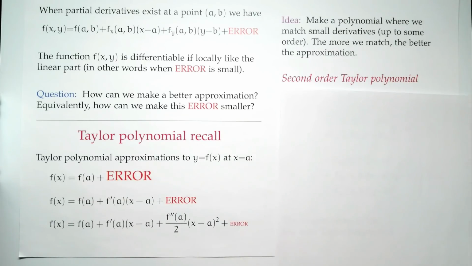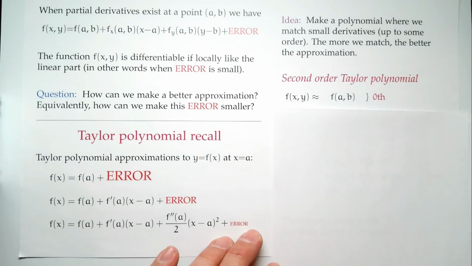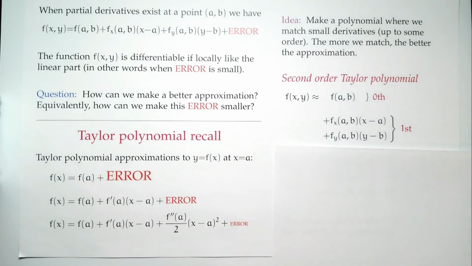So here we go. Our function, I could approximate it by just the constant term. That would be f of ab, if I'm matching the 0th order derivatives, and the 0th order derivative is just the original function. But I can do better if I say, well, let's also match the first order derivatives. Okay, so that's a better approximation. If we stop here, what do you have?